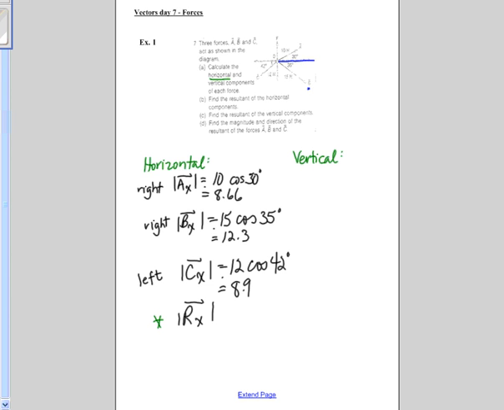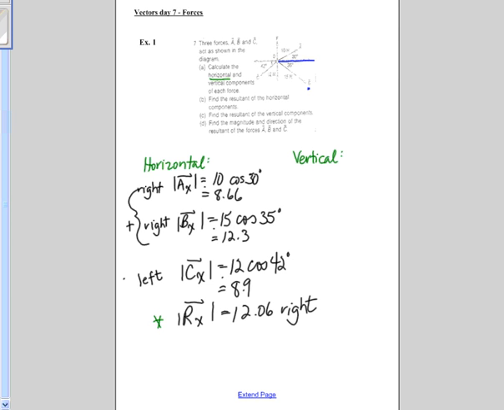So we have a total of, can't talk and type at the same time, 12.06 to the right. So I added the 2 to the right and subtracted the 1 from the left and got a total of 12.06 to the right.